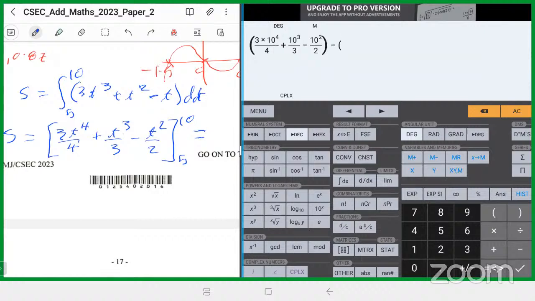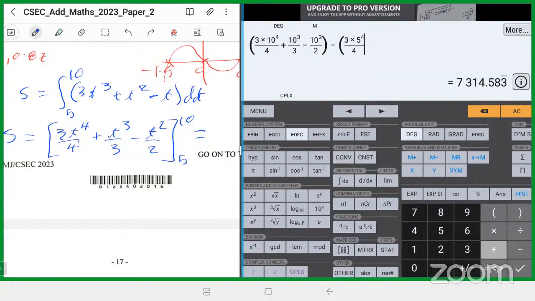So I'm going to get about the same thing. It's going to be 8 now, 8 raised to the power 4. No, not 8, 5. Why am I writing 8 all the time? No, the new limit is 5 for t. So it's 5 raised to the power 4 over 4.